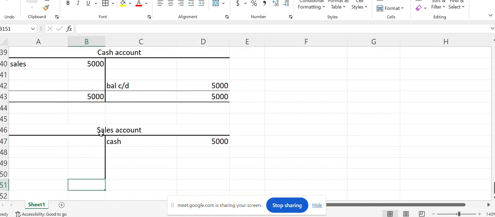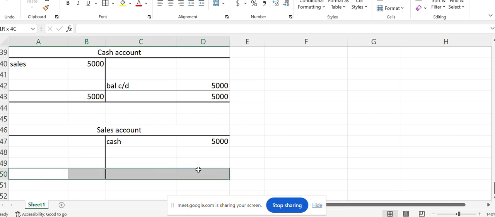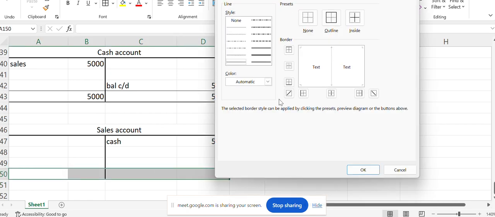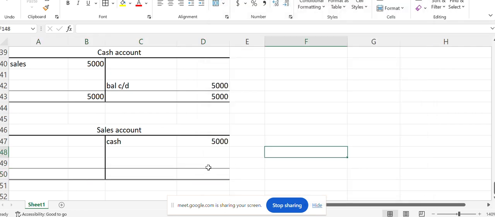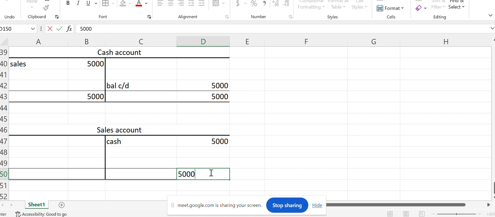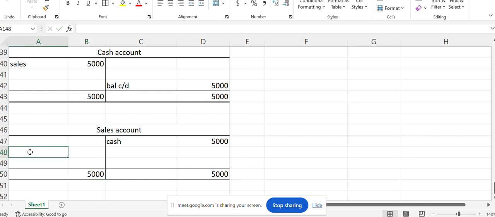In the sales account, we don't use the word balance carried down. Remember the first class, we said revenue and expenses are usually recorded in the income statement. So the balancing figure is always called what? IS, to mean that figure will appear in the income statement.